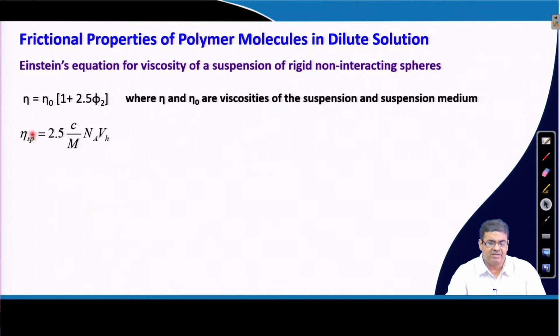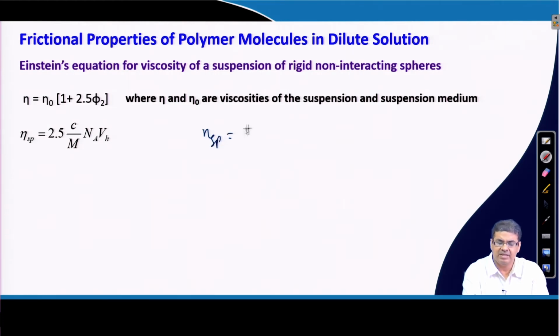Now, specific viscosity, we know specific viscosity eta sp is given by eta over eta 0 minus 1.